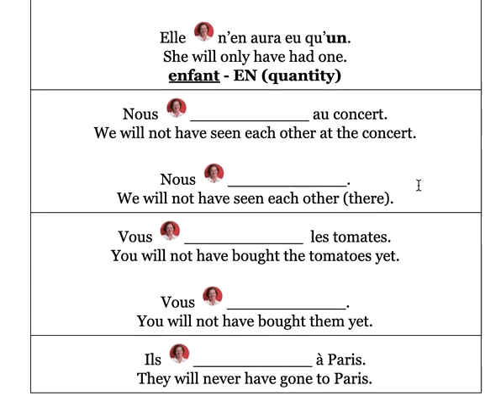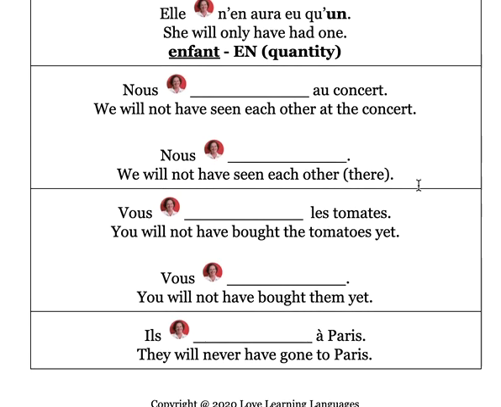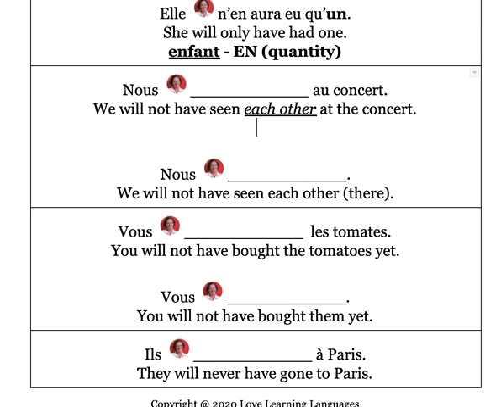Okay. Nous. Here we go. Donc, we will not have seen each other at the concert. This each other, you have to remember, is a reciprocal verb, but it works just like a reflexive verb. So your infinitive is se voir. D'accord?